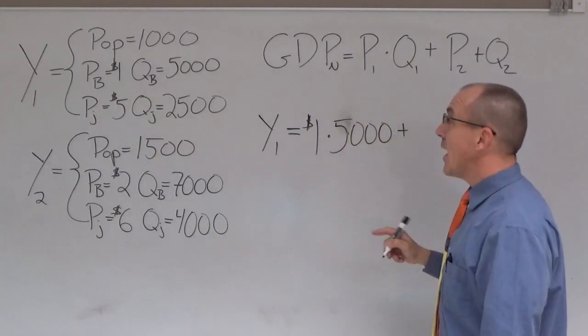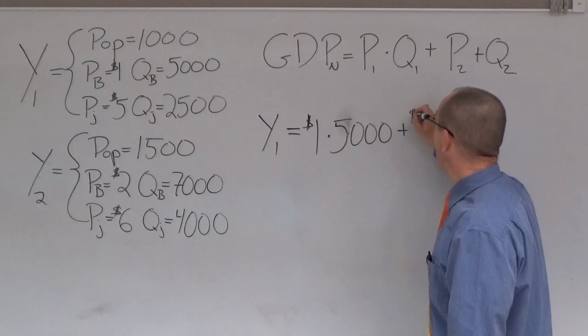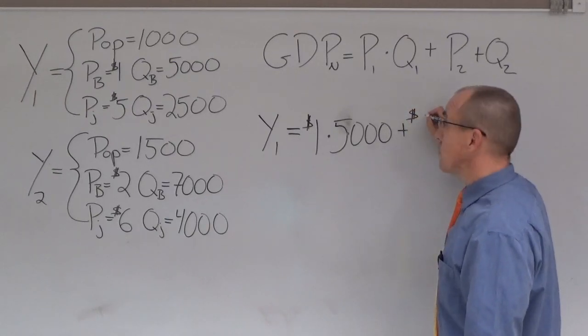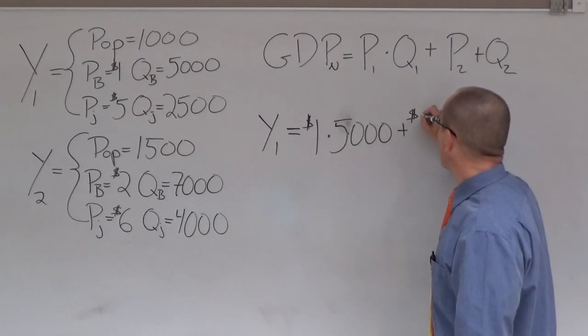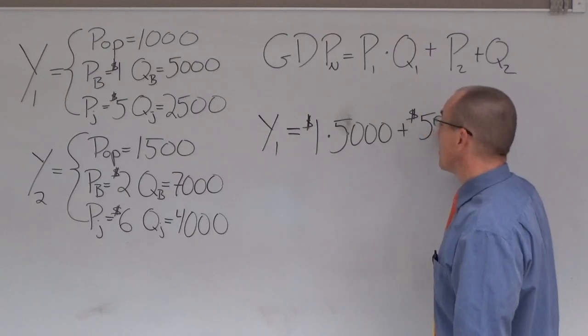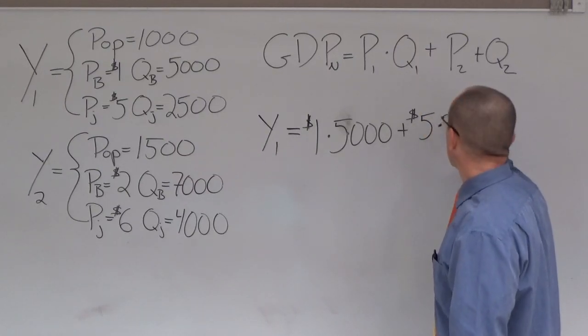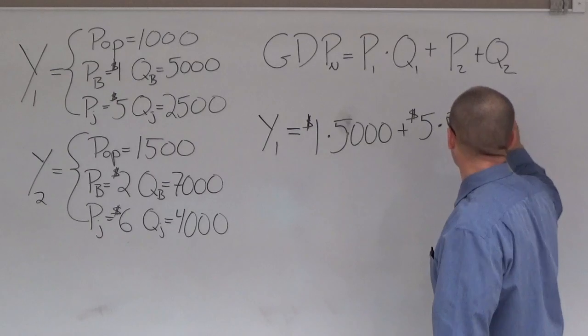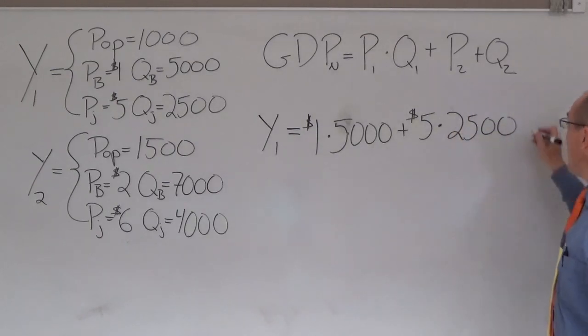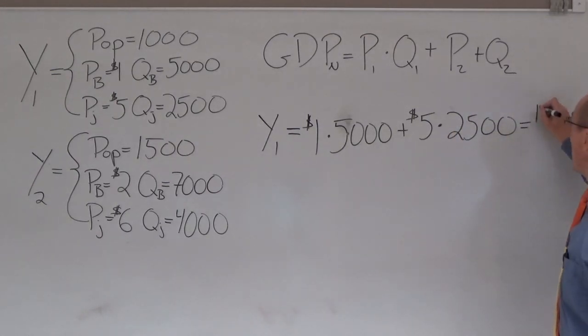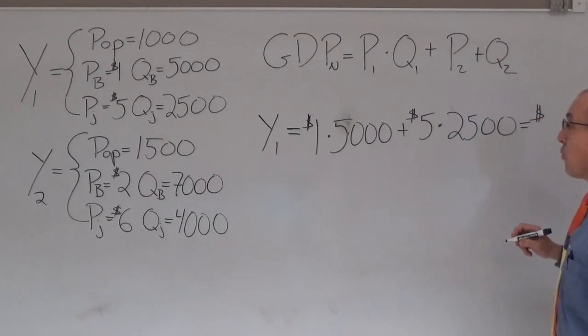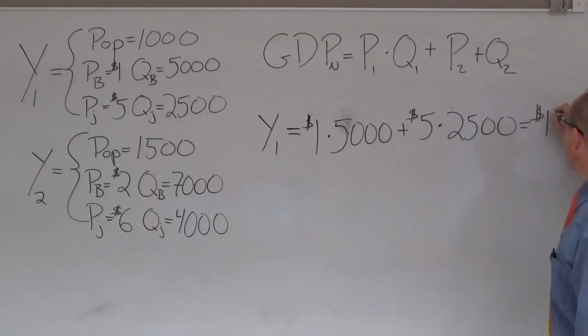And we're also going to add in that they have 2,500 jars of spaghetti sauce at $5 each. And if I do all my math correctly, I should get that the nominal GDP for year one is 17,500.